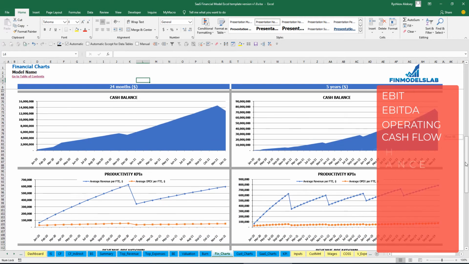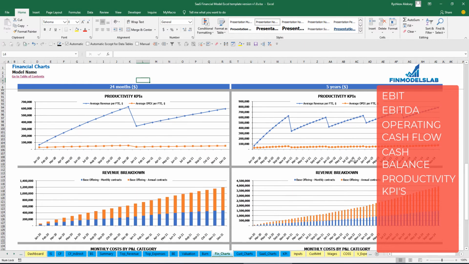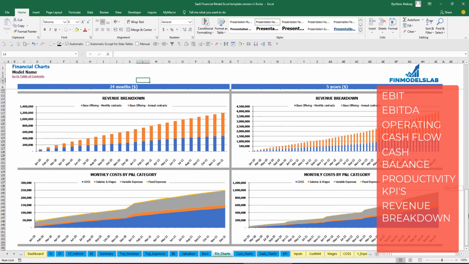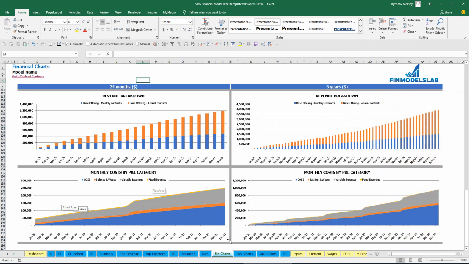Your cash balance, some productivity KPIs which consist of the revenue per FTE, which is average revenue per FTE, and average OPEX per FTE. The revenue breakdown by annual and monthly contracts, and monthly costs breakdown, which consist of cost of services sold, salaries and wages, variable expenses, and fixed expenses.